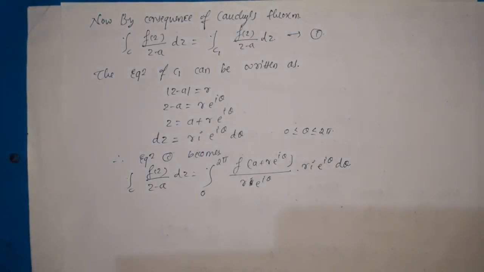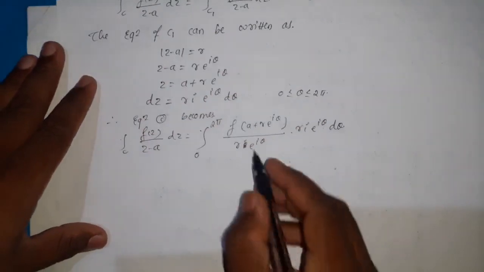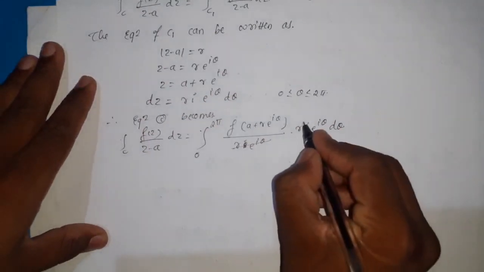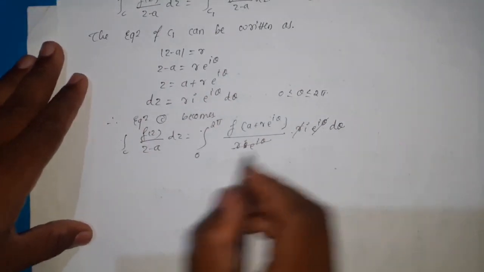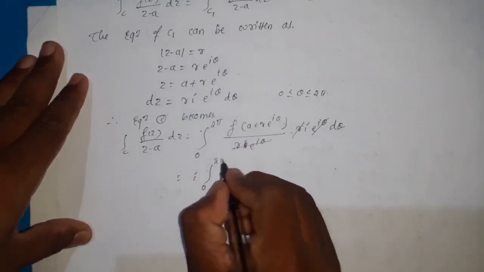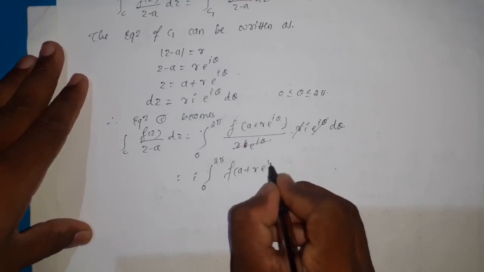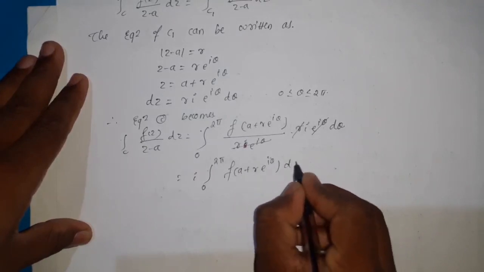So here we have used the substitutions z, z minus a and dz. Now r e power i theta, r e power i theta get cancelled, remaining i into integral 0 to 2 pi f of a plus r into e power i theta d theta.